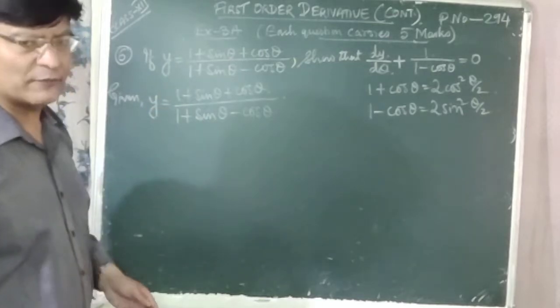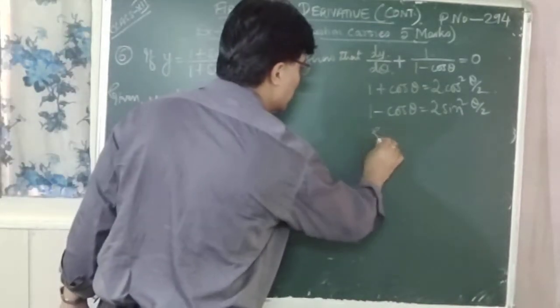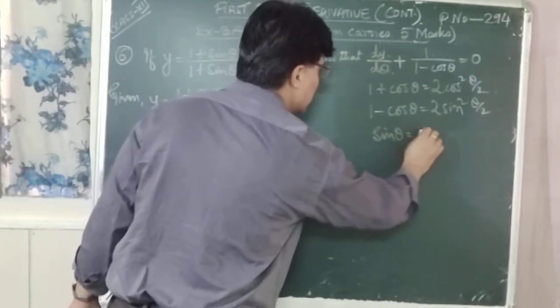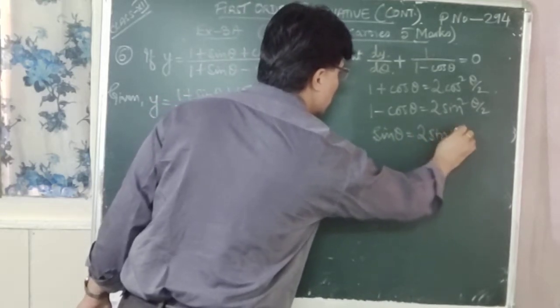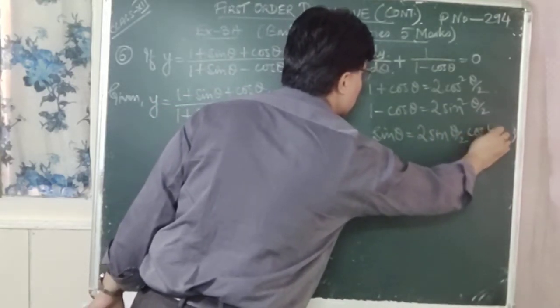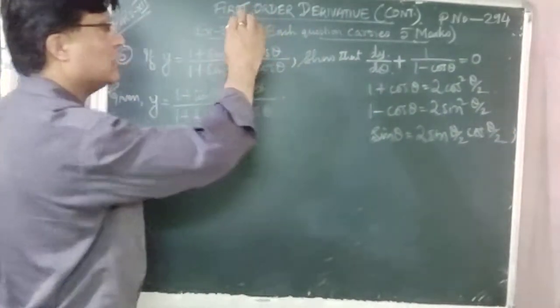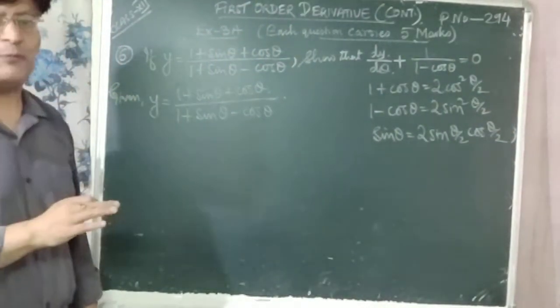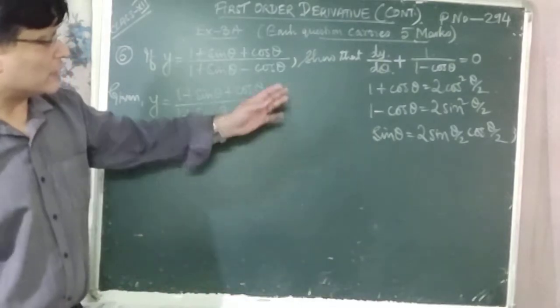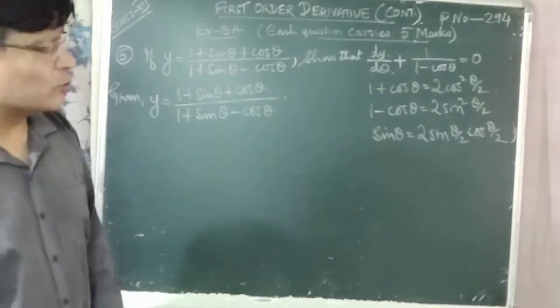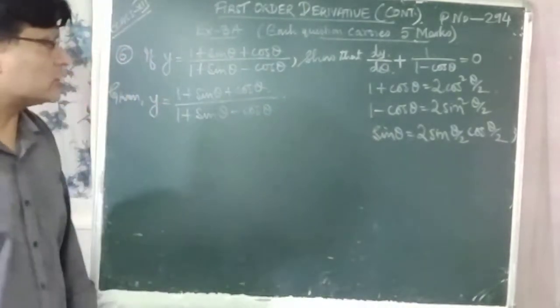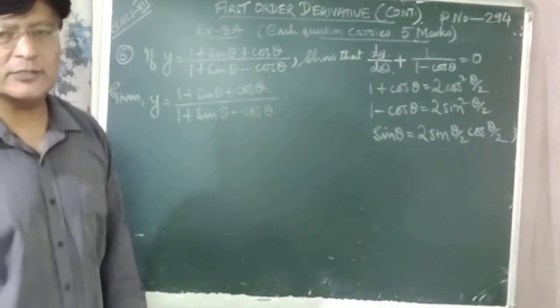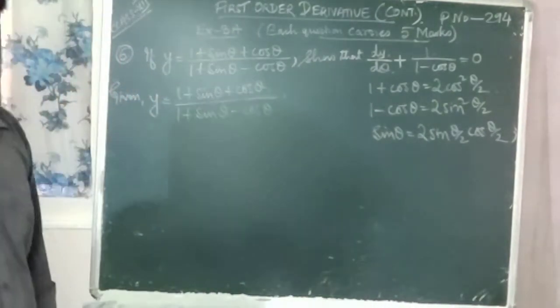Again you can use the formula for sine theta also in submultiple angle. So sine theta is equal to 2 sine theta by 2 cos theta by 2. So these are the formulas from submultiple angles in trigonometry: 1 plus cos theta is 2 cos square theta by 2, 1 minus cos theta is 2 sine square theta by 2, and sine theta is equal to 2 sine theta by 2 cos theta by 2.